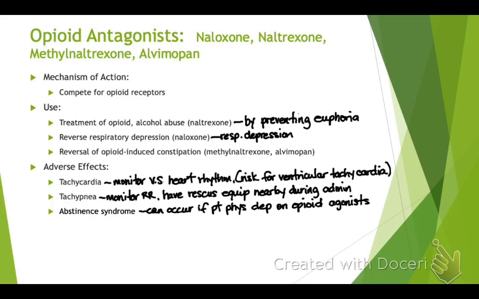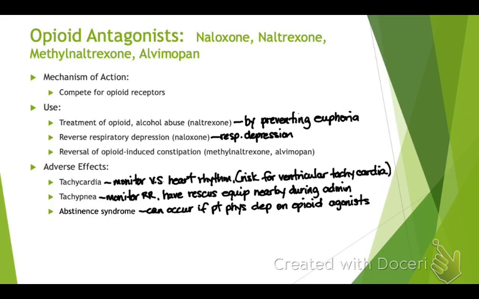Okay, so finally we're going to discuss your opioid antagonists. And these are going to include meds like naloxone, naltrexone, methylnaltrexone, and alvimopan.